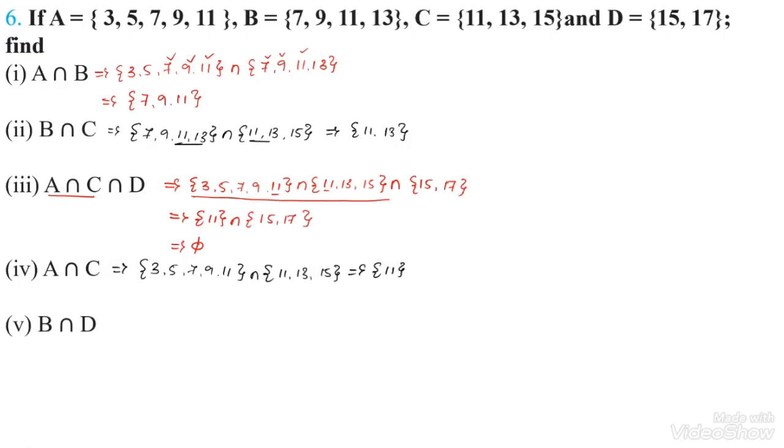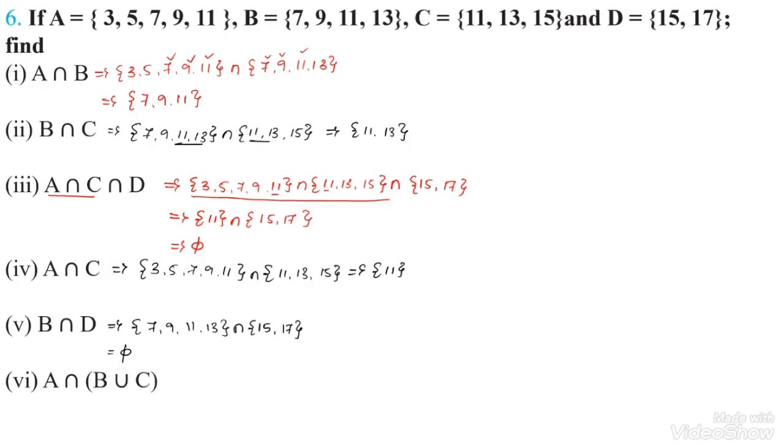B intersection D. The B set contains the elements 7, 9, 11, 13 and intersection of D, 15 and 17. What are the common elements? Nothing. No common elements between these two sets.